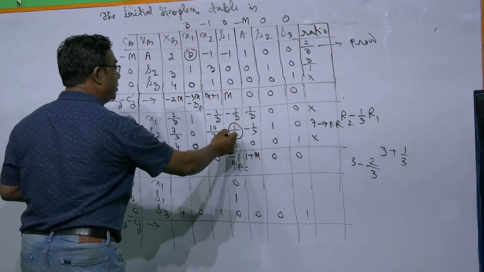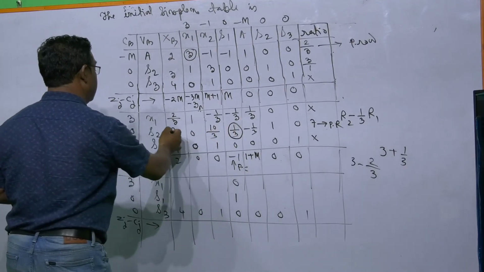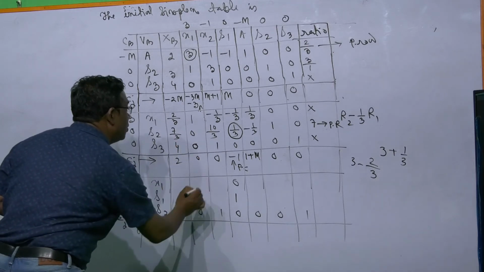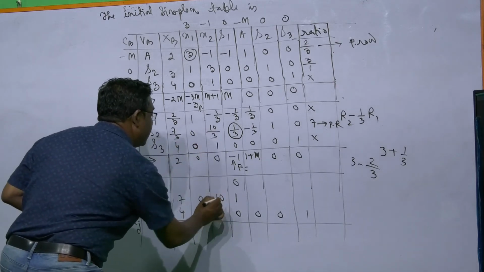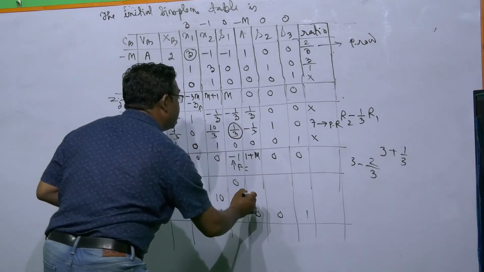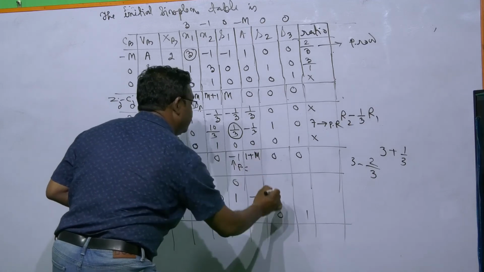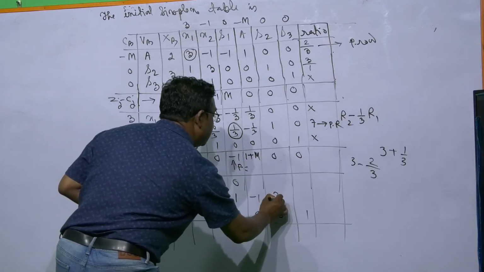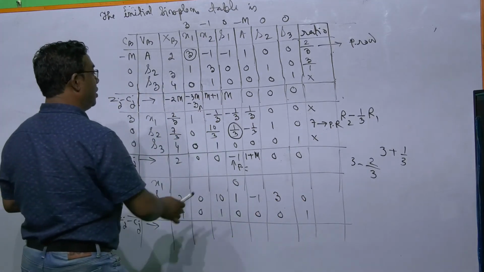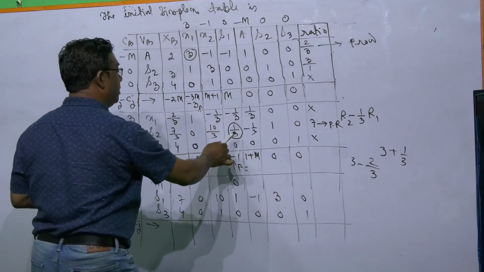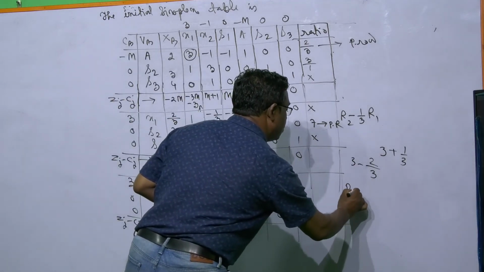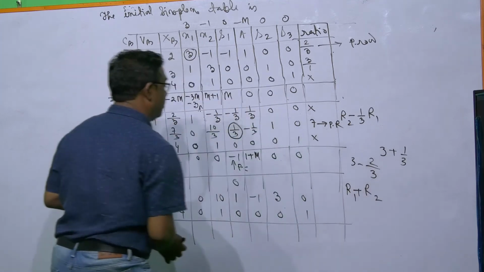Then the second row you divide by 1 by 3. You divide by 1 by 3 here, 7, this is 0, this is 10, you divide by 1, you divide by minus 1 by 3, it becomes minus 1, this is 3, then this is 0. So now we have to convert this to 0. How can we do this? We can do it by adding the first row plus the second row.